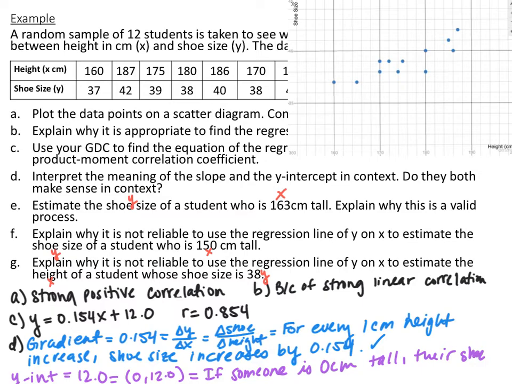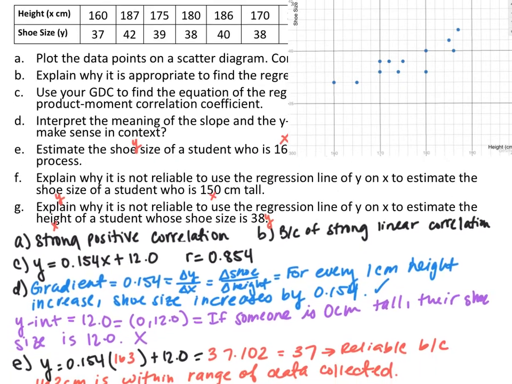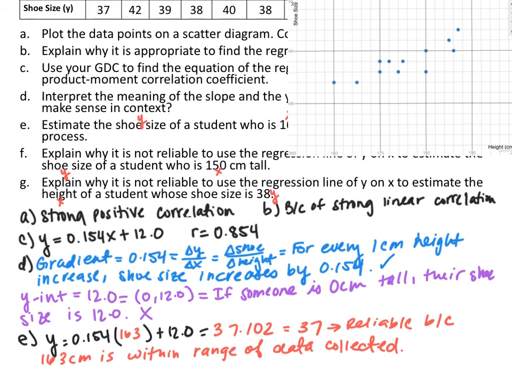So then interpret the meaning of the slope and the y-intercept, and does it make sense in context? So the slope or the gradient was 0.154, which is the change in y over change in x, change in shoe size over change in height. So every 1 centimeter height increase, shoe size also increases by 0.154.